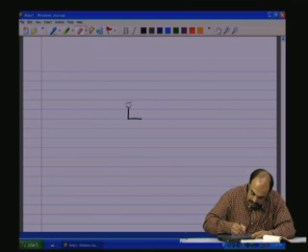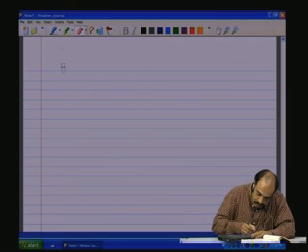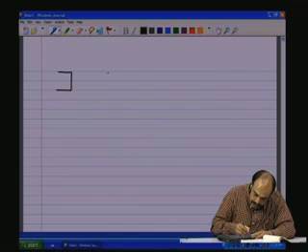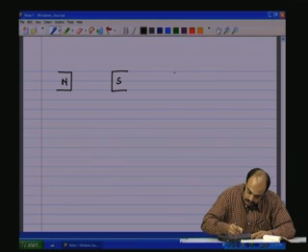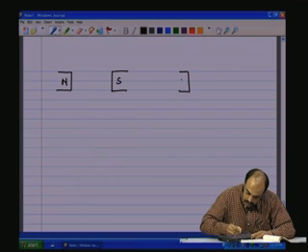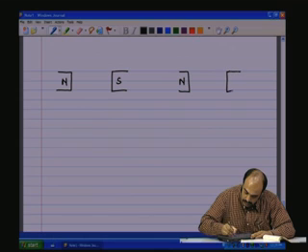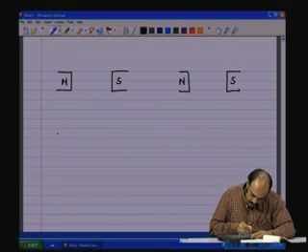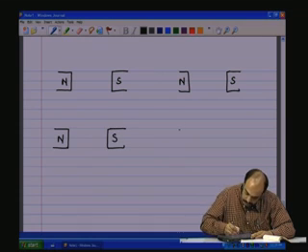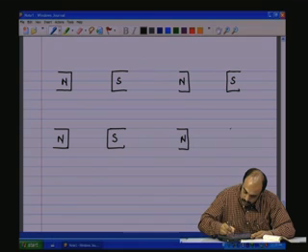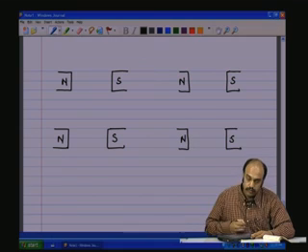Let me make some space here. Let us draw the 4 possible modes in 2D, so that you get a good idea. This is north, this is south, north pole, south pole, the north pole, south pole, the north pole and the south pole.